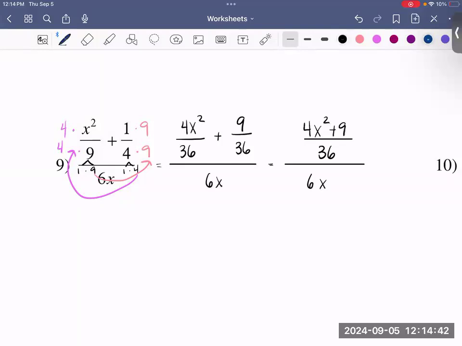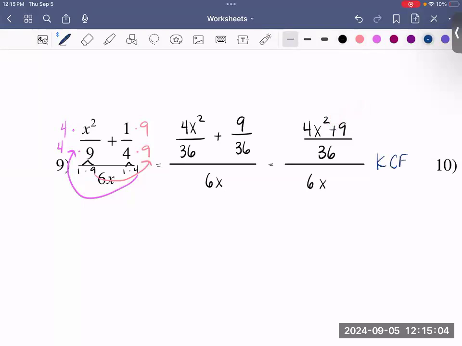And then this is the part where while your numerator still looks like it's pretty big, we can say that it's fully simplified. And if you're thinking about factoring, unfortunately, while yes, these are all perfect squares, this is not the difference of squares, and there's no such thing as the sum of squares. So we can't go ahead and do that.